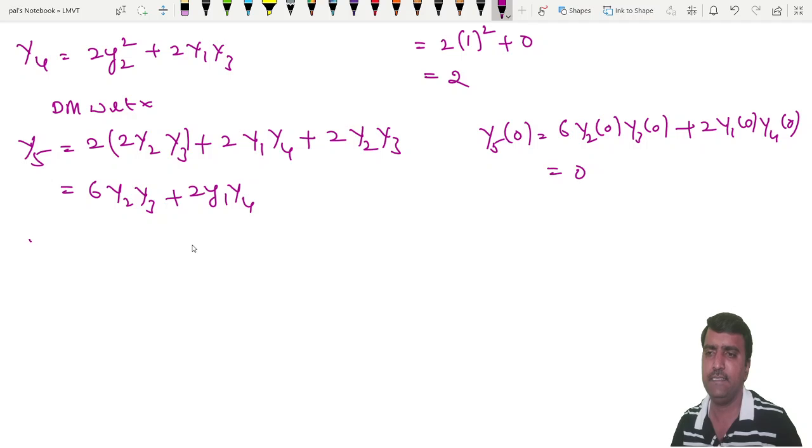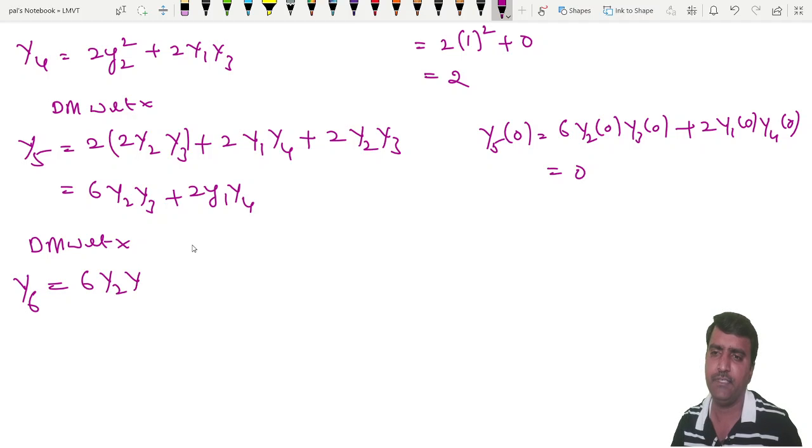Again, to find y6 you differentiate this with respect to x. Differentiation of y5 is y6. y6 is equal to 6 into y2 into differentiation of y3, which is y4, plus 6 into differentiation of y2, which is y3, into y3, plus 2 into y1 into differentiation of y4, which is y5, plus 2 into differentiation of y1, which is y2, into y4.